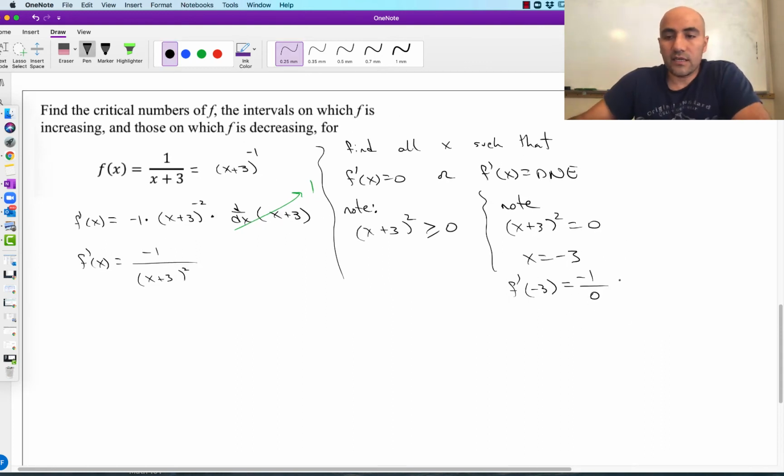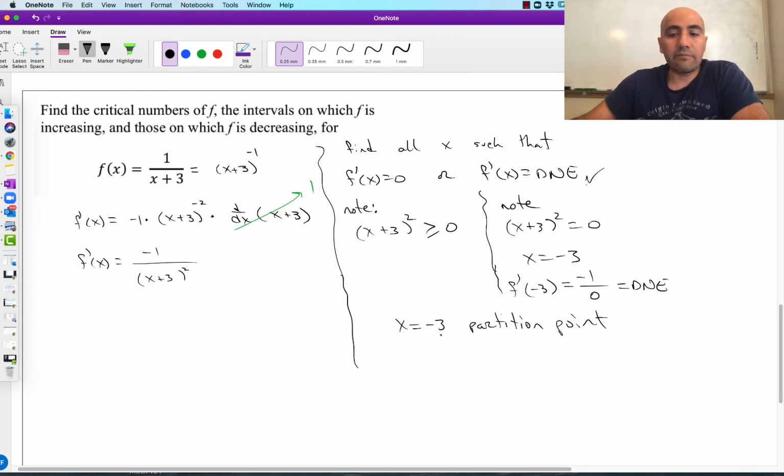So this is the case of does not exist. So at this point, we found that x equals negative 3 is a partition point. It's a value of x such that one of these two things is true. Well, in this case, it was the does not exist part.